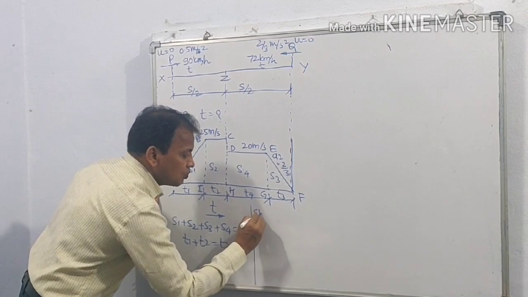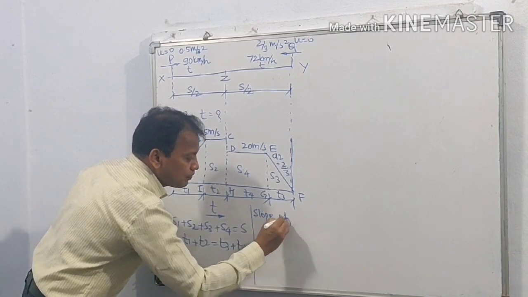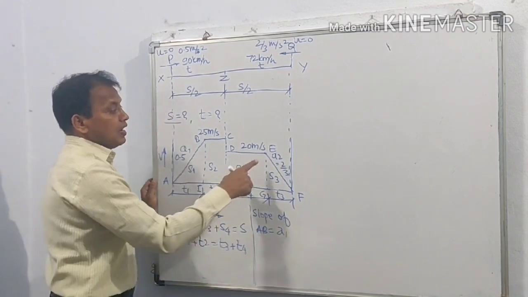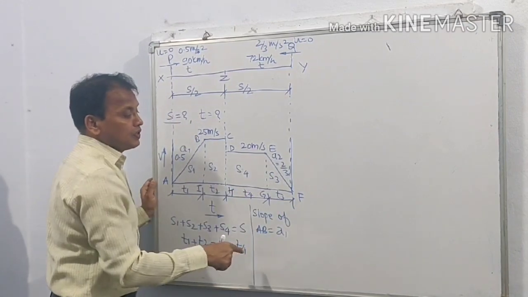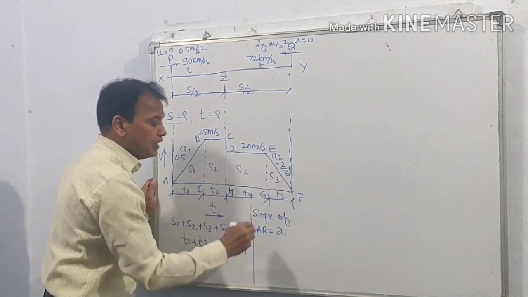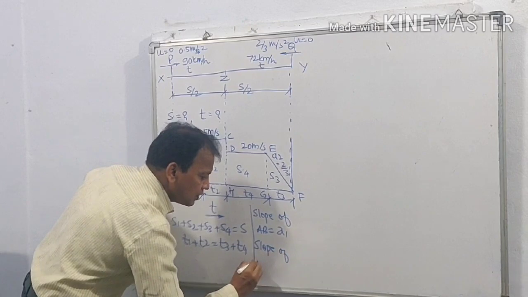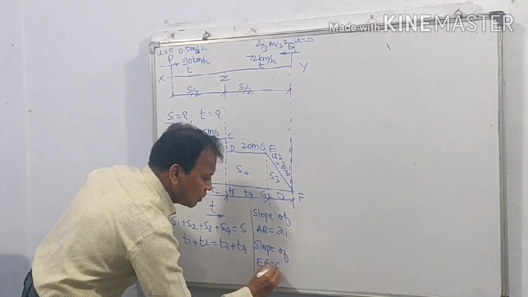Slope of AB is equal to A1 and slope of EF is equal to A2.